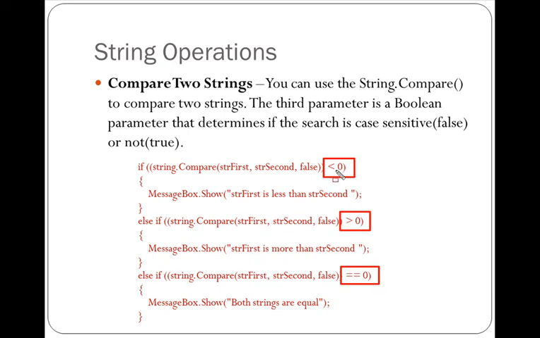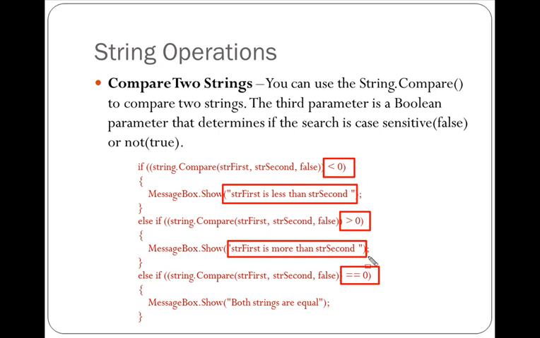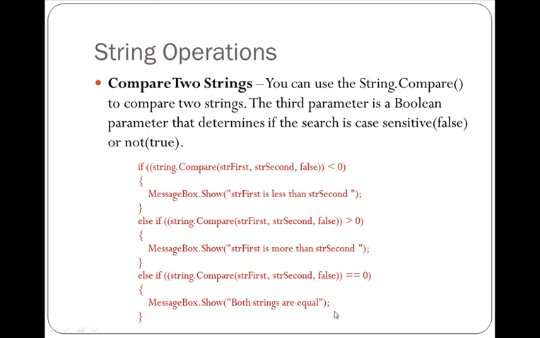It returns that value, that difference, and if it's less than 0, then the first string is less than the second string. If it's greater than 0, then the first string is more than the second, and if the result is equal to 0, then the strings are equal.